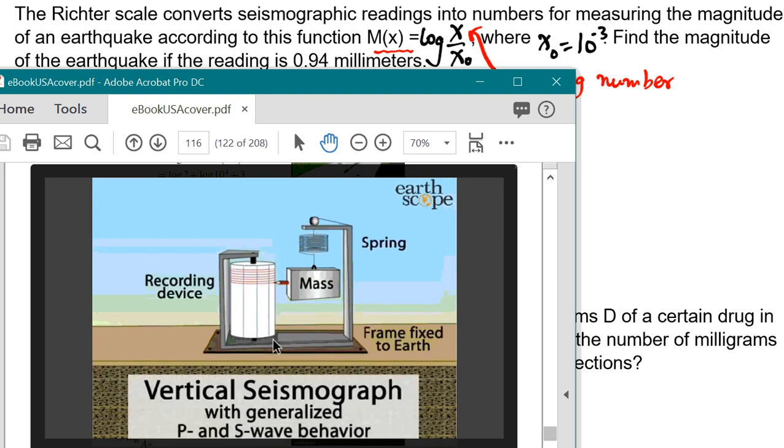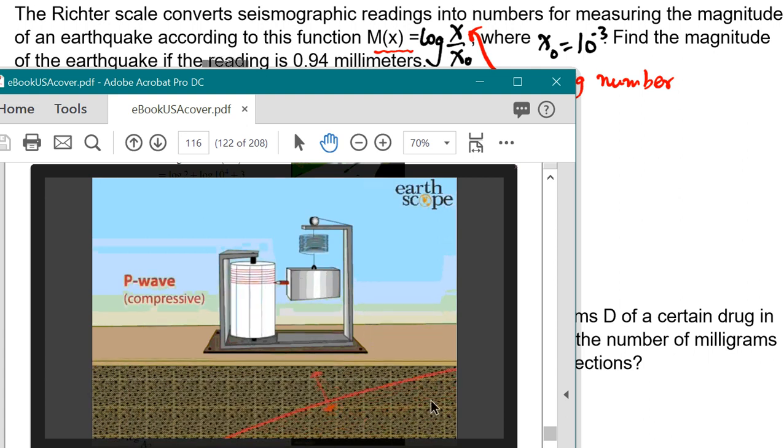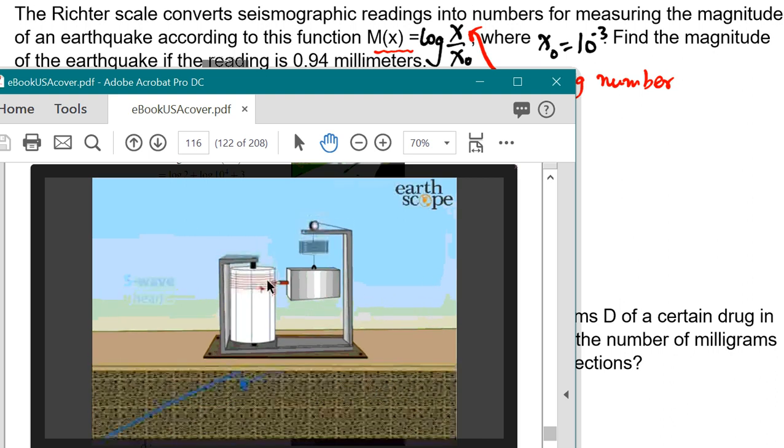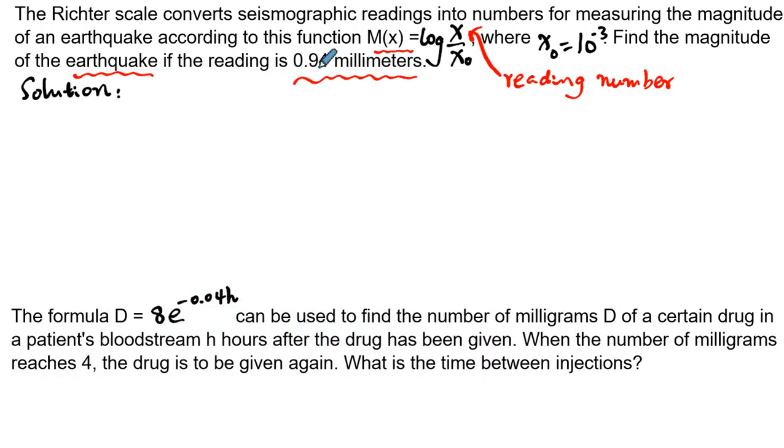See one more time. No earthquake, and then the earthquake is coming, it shakes twice, and the pen marks the reading, the amplitude. So here what we get is 0.94 millimeters.